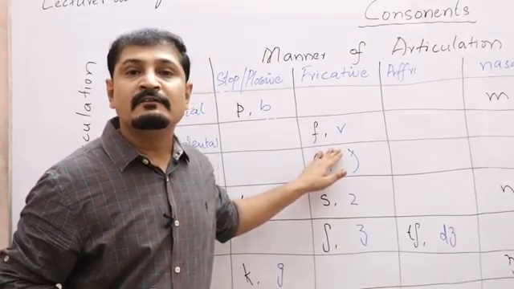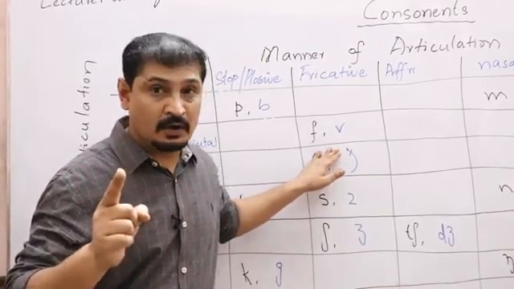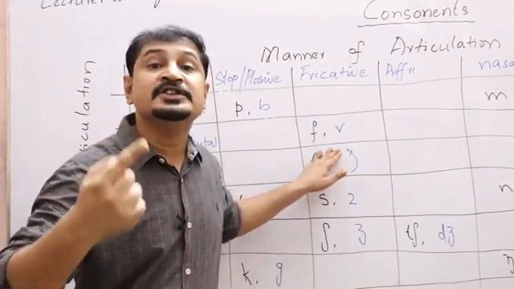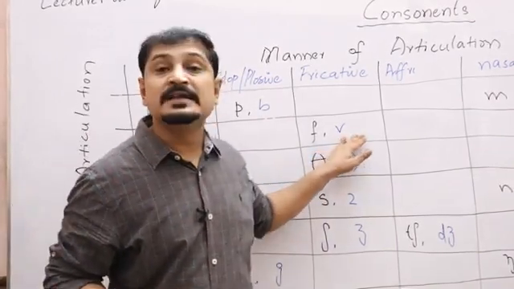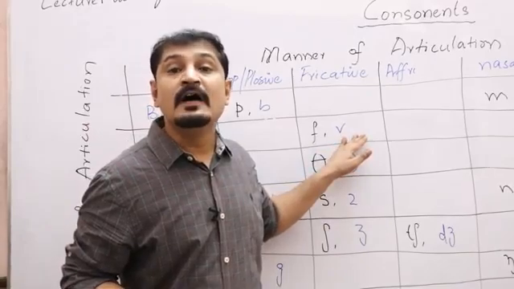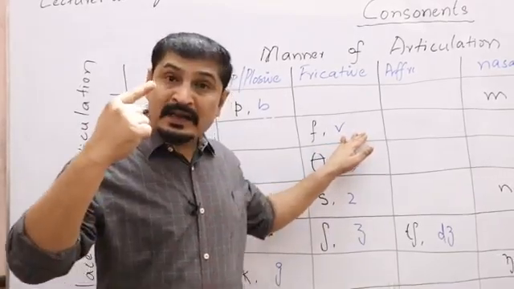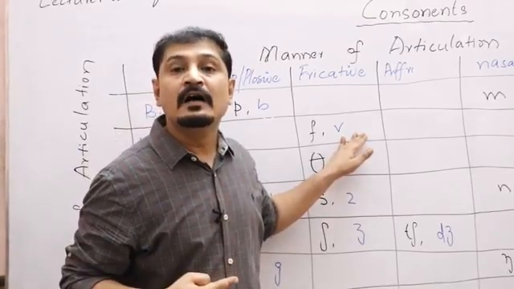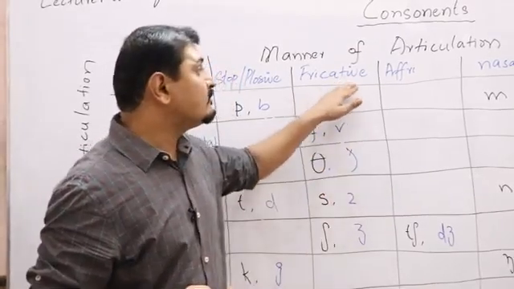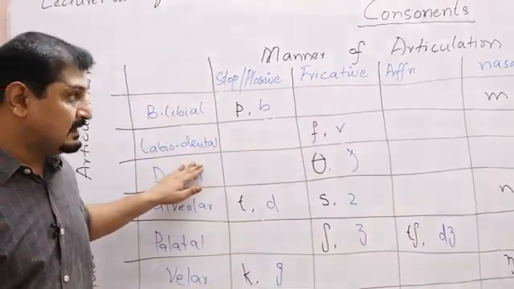If there is only f, the sound is not good. There should be a little friction in our sound. Then we have another sound that we refer to as v. Once again, upper teeth touching our lower lip and then pronouncing the letter v. That is called fricative and labiodental.